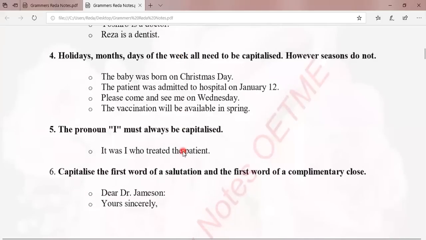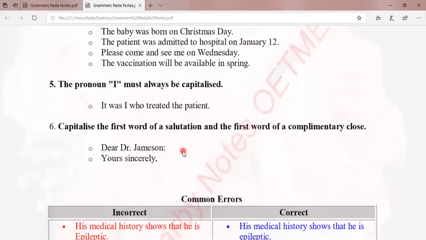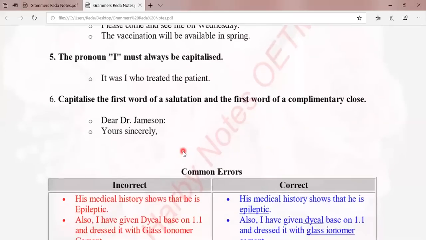But I, don't write it in small letter, it is always a capital letter. Dear Dr. James or Jameson, yours sincerely.